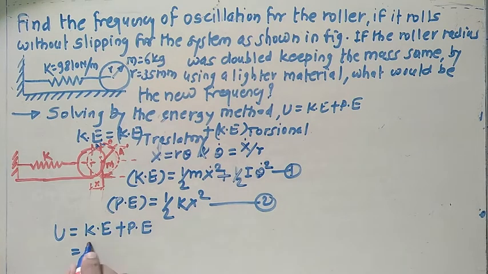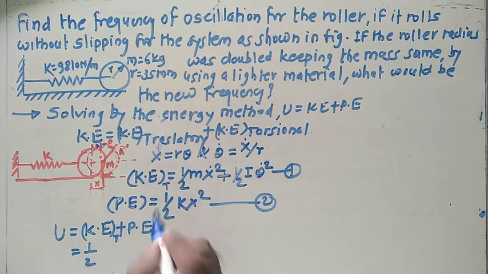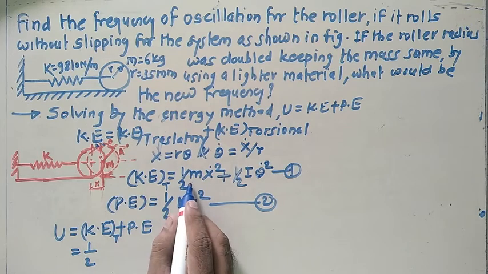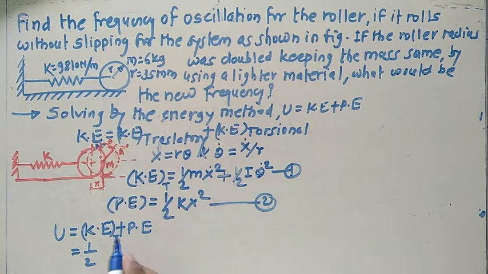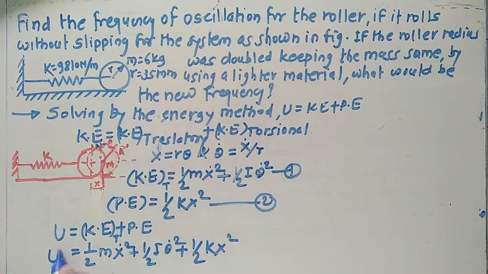So the total energy is the kinetic energy during translatory motion as well as torsional motion: 1/2 m x dot square plus 1/2 I theta dot square plus 1/2 k x square. In this way you can get the total energy.